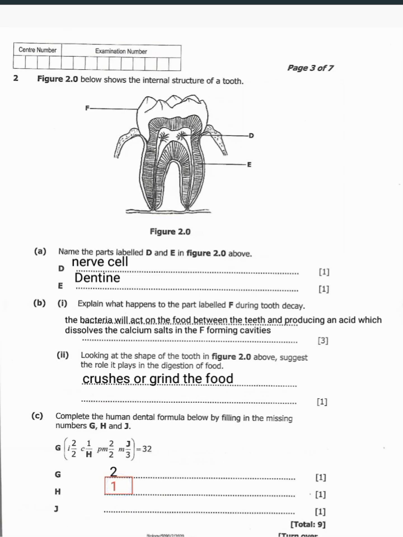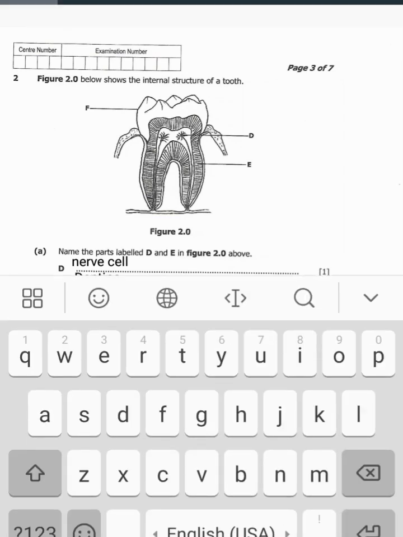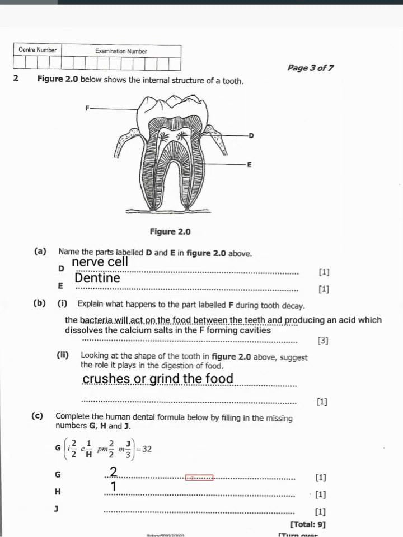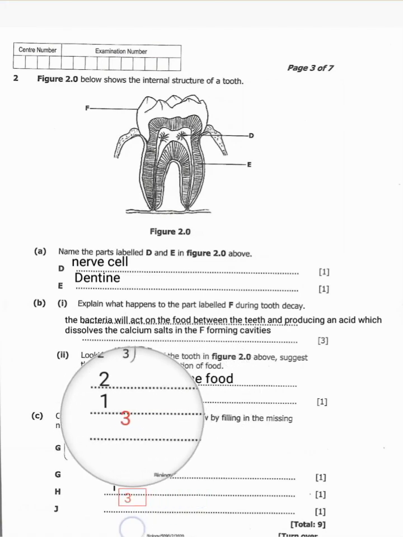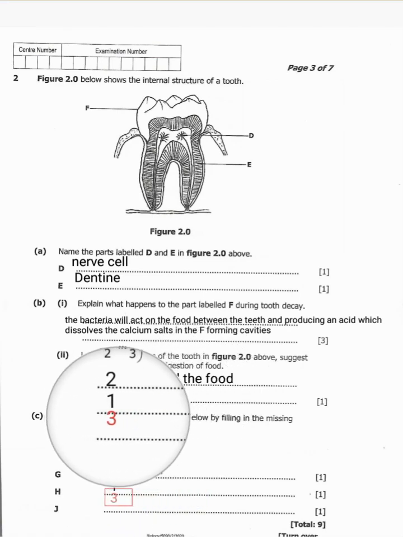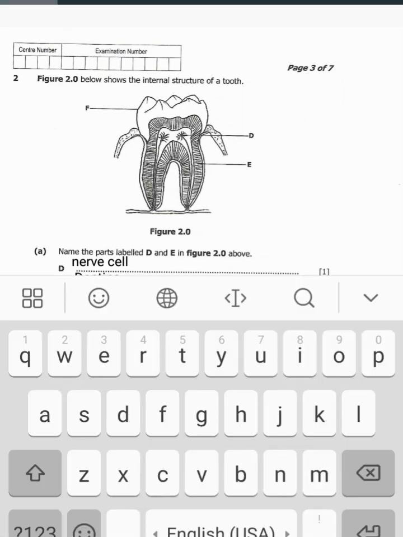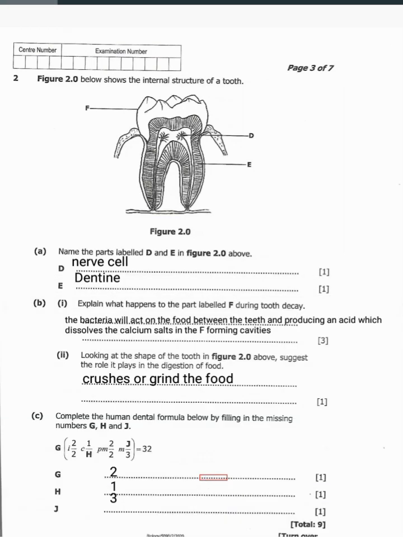Then we come to the last one, the J. There is 3. So this is how this question was supposed to be answered. I believe you've gotten one or two things that I was trying to explain as I was giving the answers.